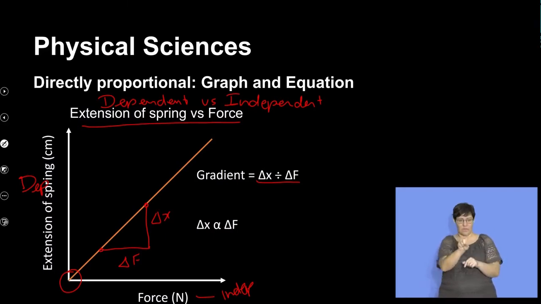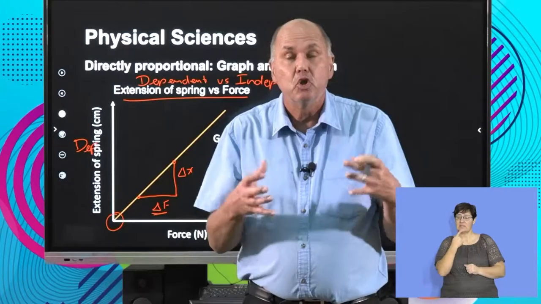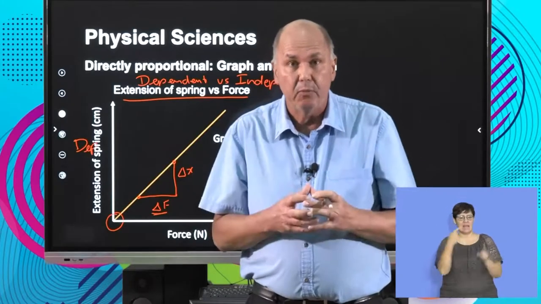In the end, we're going to take the value for the dependent variable and divide it by the value for the independent variable. And in the end, we're going to say that because of the graph structure, we've got the change in x is directly proportional to the change in F, or simply x is directly proportional to F. This little alpha sign says in shorthand directly proportional.